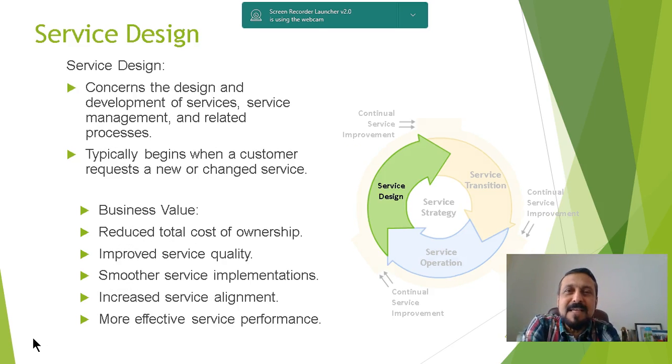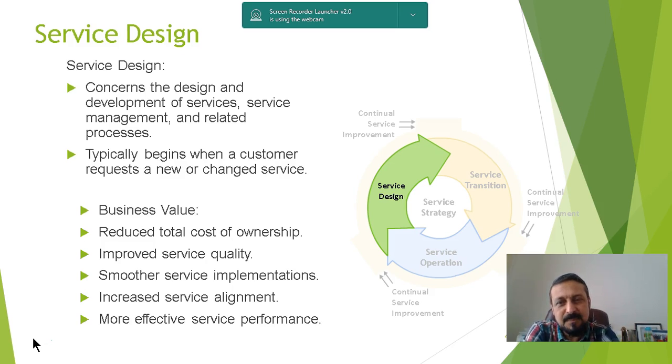Let's move to the next phase of the ITIL life cycle, which is called service design. As the name implies, it concerns the design and development of services, service management, and related processes. It typically begins when a customer requests a new or a changed service.